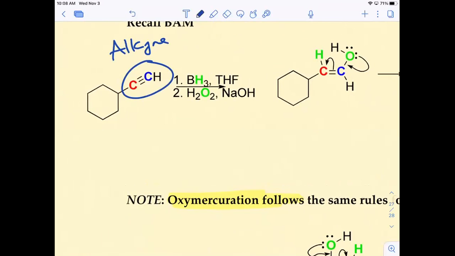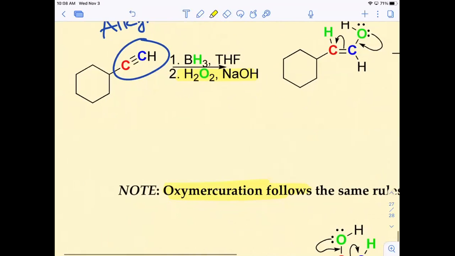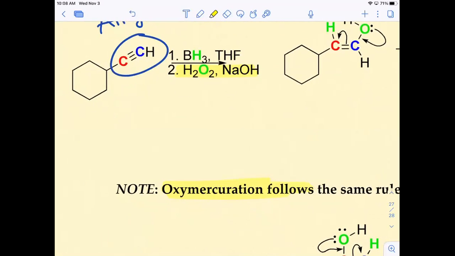this is my alkyne. When I do hydroboration on it, it's going to do the exact same thing that it would do if that was a double bond, and that is anti-Markovnikov addition of boron and hydrogen across that double bond. And then if I follow that up with hydrogen peroxide and sodium hydroxide, that boron intermediate, let me just draw it down here.